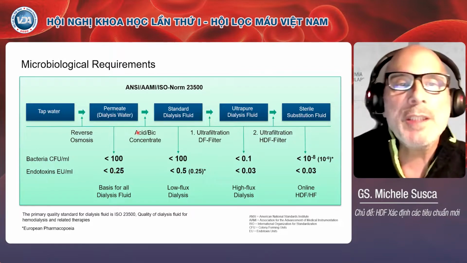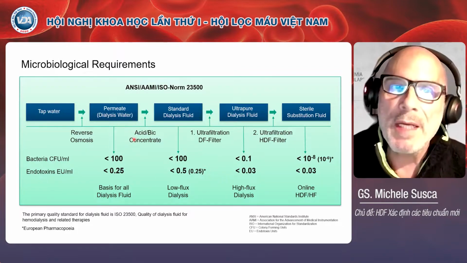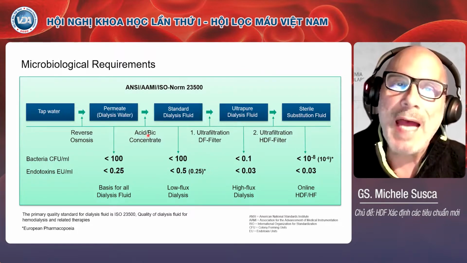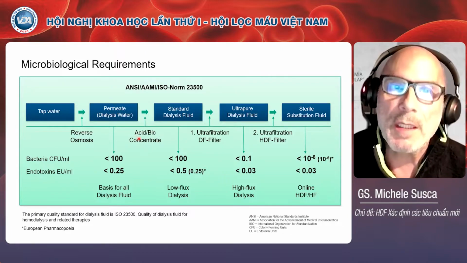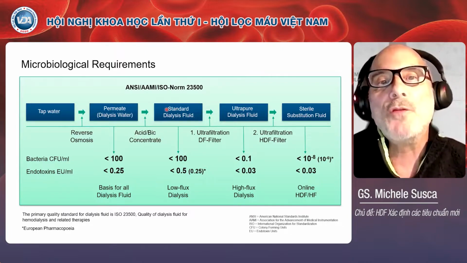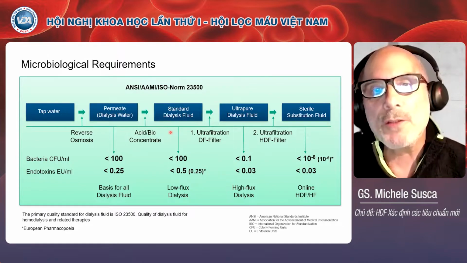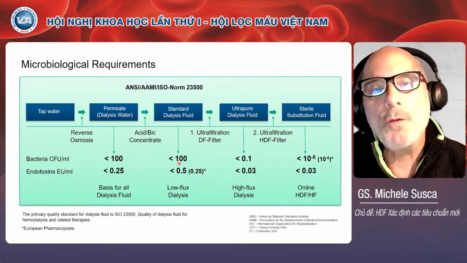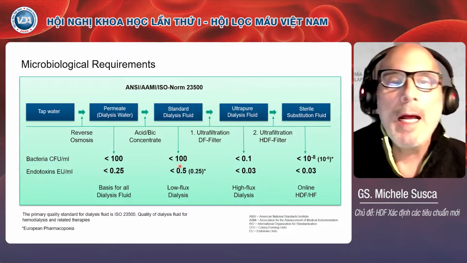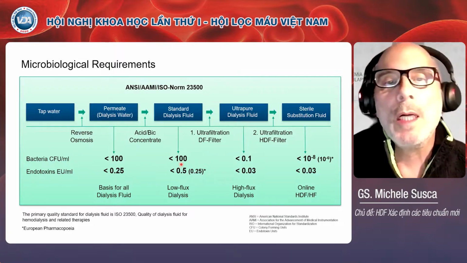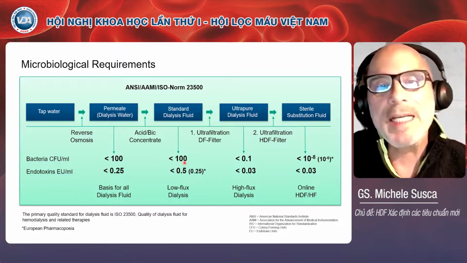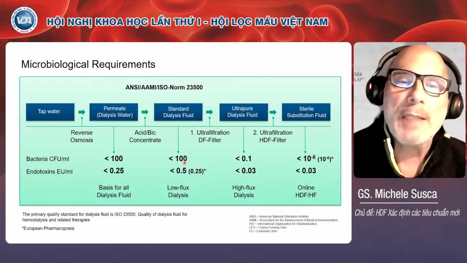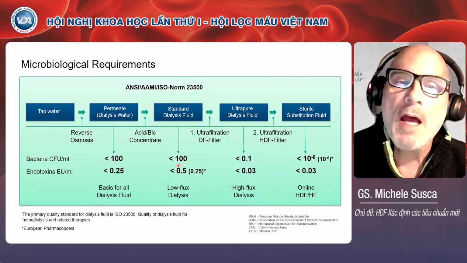The dialysis machine takes this water and mixes it with concentrates, acid and bicarbonate concentrates, and so we get the dialysis fluid, the standard dialysis fluid. So this fluid should have bacteria up to a maximum of 100 CFU per milliliter and endotoxins up to 0.5.